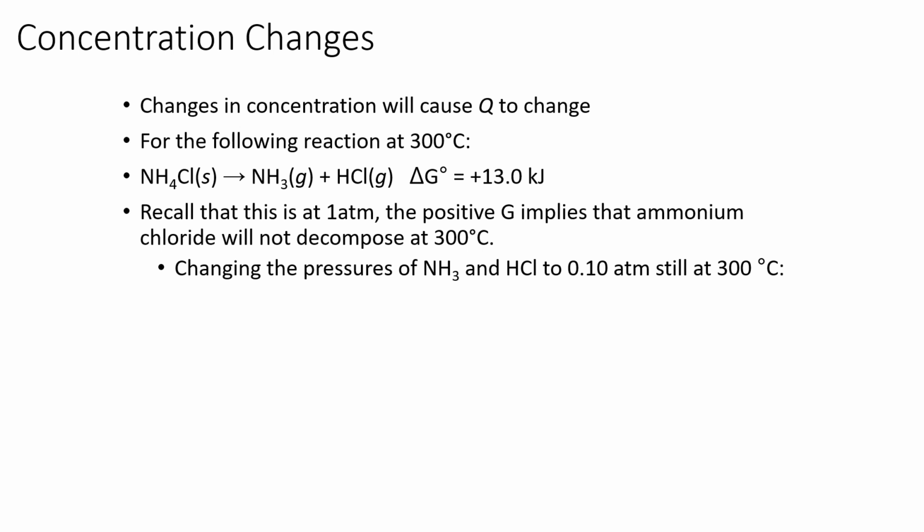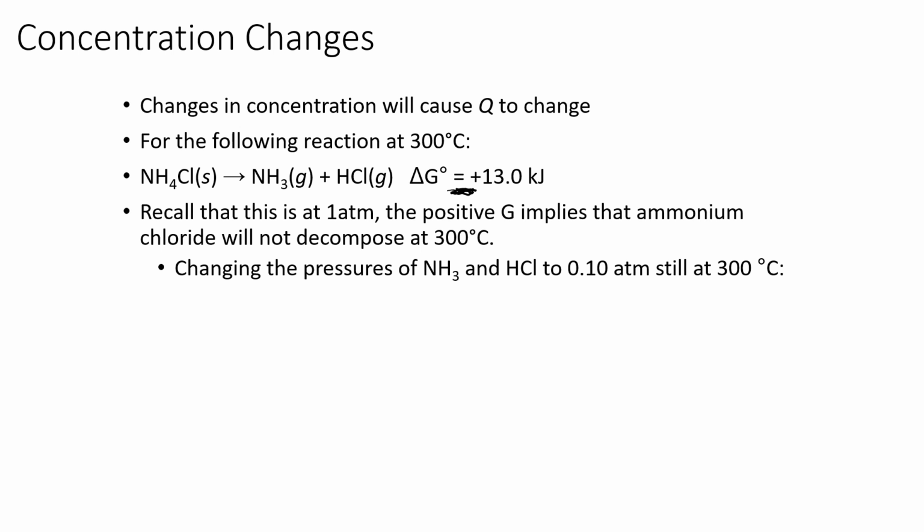This reaction is at 300 degrees Celsius, and we're given that the delta G naught, at standard conditions, so the pressures of those two gases are both 1 atmosphere, is equal to positive 13 kilojoules, which is a non-spontaneous reaction.